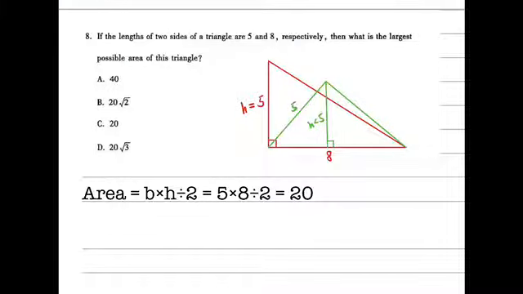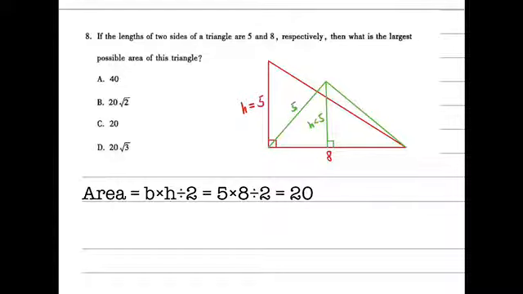Question 8. In the question, we know two sides of a triangle and try to find the largest area if we can build a triangle. As we can see here, the largest triangle should be the red one when the two sides are perpendicular.